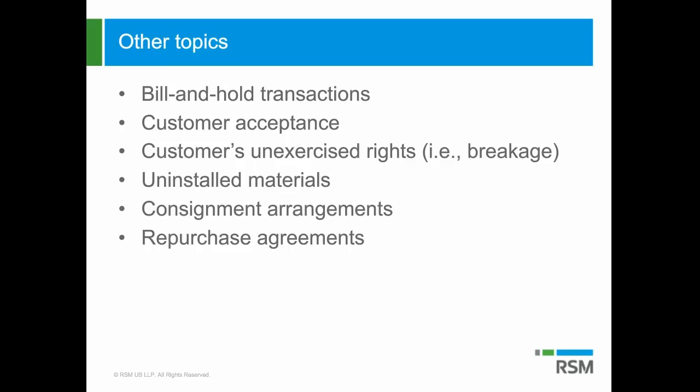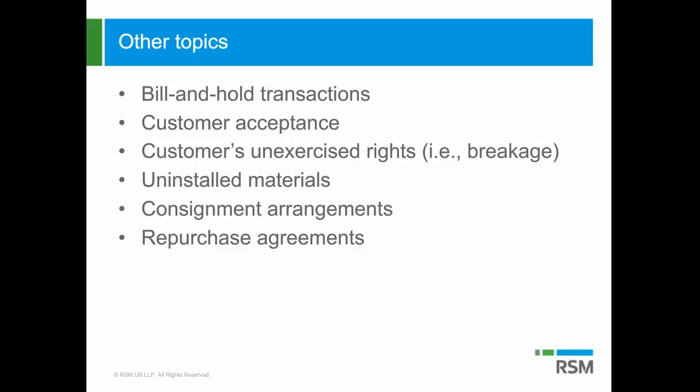Last item is repurchase agreements. This will be a change. So repurchase agreements are situations where, let's say, you have a call or a forward. So you have either an obligation to repurchase the item or the right to repurchase the item. Under the new guidance, if you have those sorts of rights or options as a vendor, then the customer can't control that good. So you wouldn't be able to recognize revenue in those cases. And depending on particular facts and circumstances, you might have different treatment.